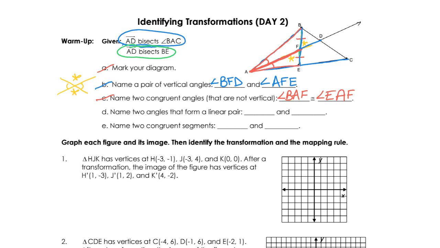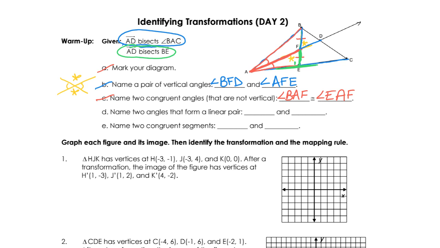Okay. Part D, name two angles that form a linear pair. There are 4 linear pairs in the middle. There's one linear pair over by point D, and one on the bottom here by point E. I'm going to go with the point E one. I'm going to use green to show you there's my line, my separator.